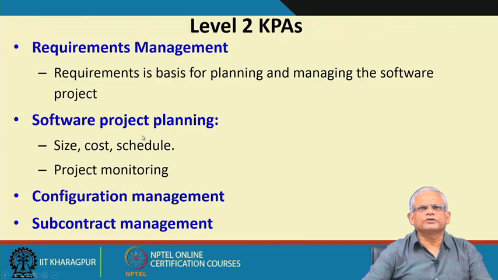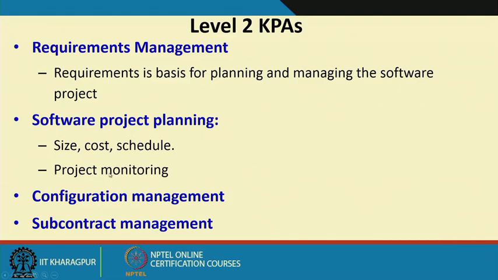Software project planning: there has to be a project manager, plans have to be made, estimates have to be made, and based on the plan the project monitoring has to be done. The third requirement is configuration management. The configuration management allows a document to be controlled.